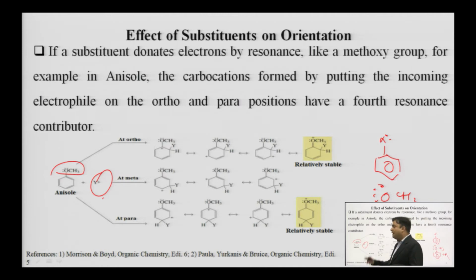If Y plus attacks on the para position, then what will be the nature and stability of the resultant carbocation intermediate? Again, one by one, let us go.